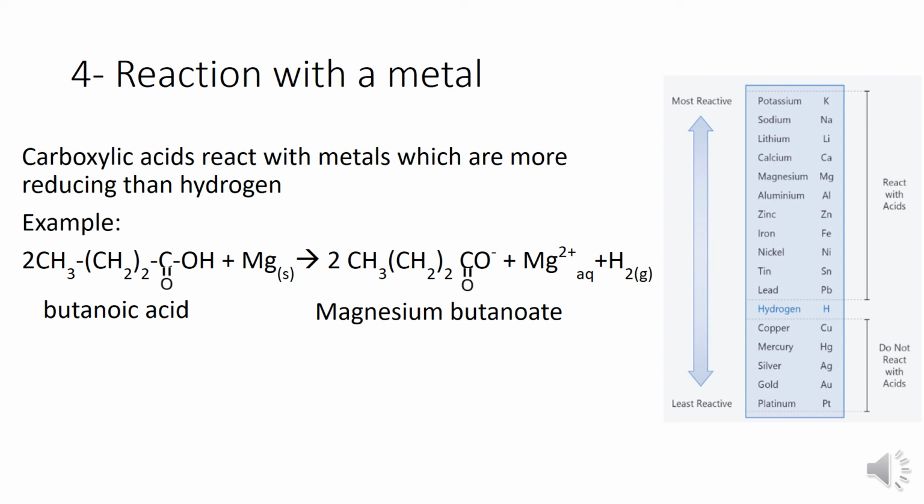We have to multiply the butanoate ion by 2, and you get butanoate ion plus the magnesium ion that has a charge of 2+. So the charges are equal here, the 2- and the 2+, and you get a balanced equation by multiplying butanoic acid by 2.